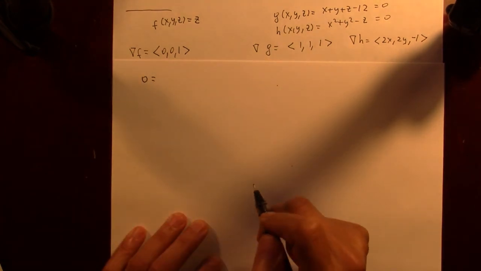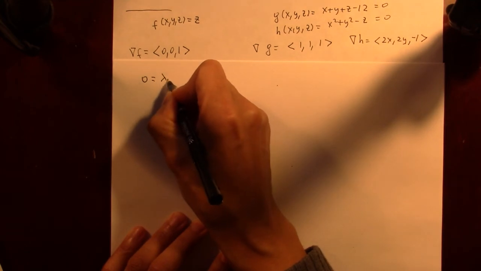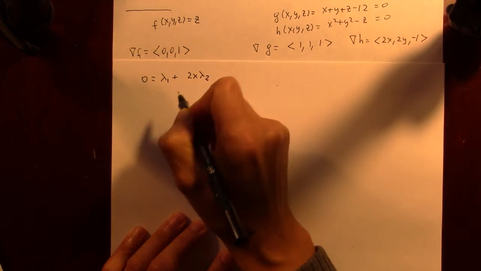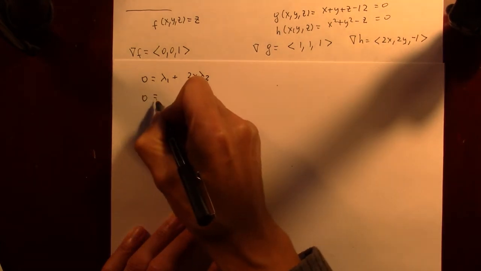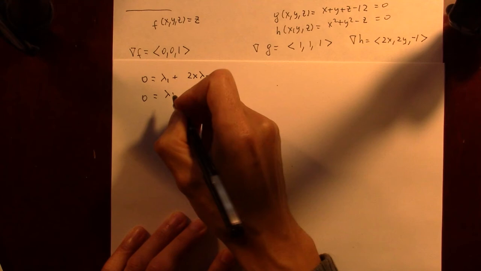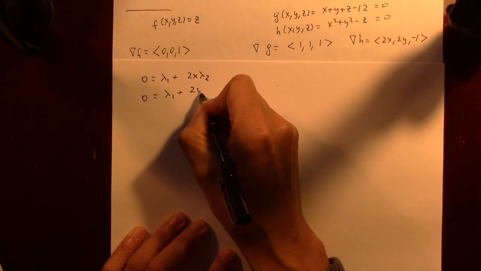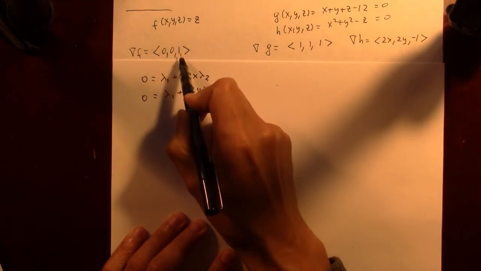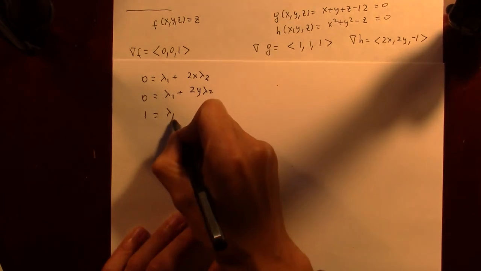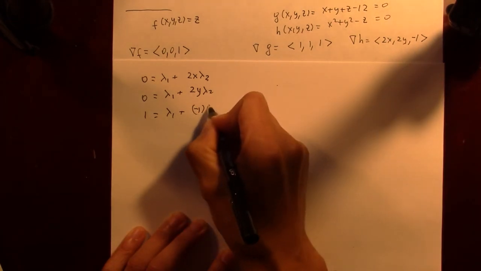First coordinate of gradient f: 0 equals lambda 1 plus 2x lambda 2. Second coordinate: 0 equals lambda 1 times 1 plus lambda 2 times 2y. And the third coordinate: 1 equals lambda 1 plus negative 1 times lambda 2.